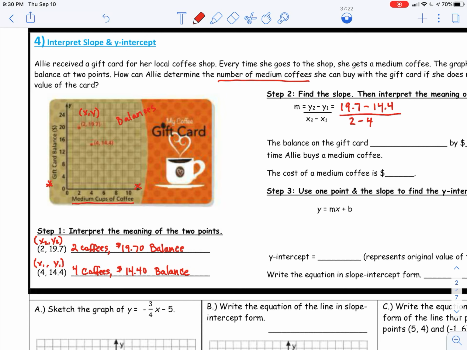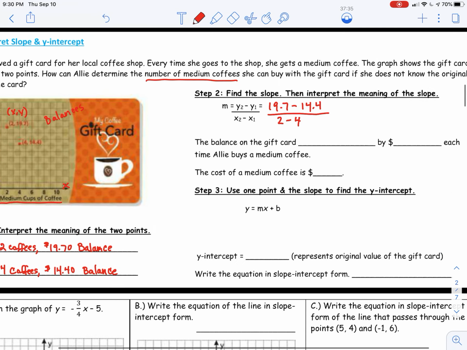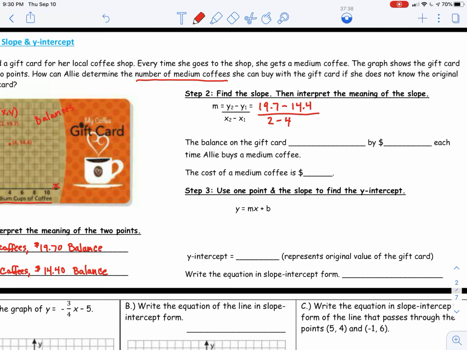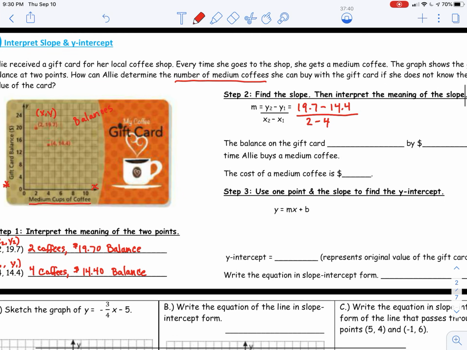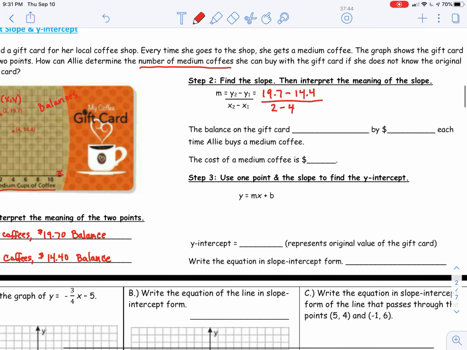Now, you do need to make sure you're putting them in the same order. It's always Y2 minus Y1 and X2 minus X1. So always be pulling from the correct set of points. That makes a big difference. You can't just haphazardly pull an X and a Y. They're coming just as you labeled them. That's why it's important to identify those ahead of time.